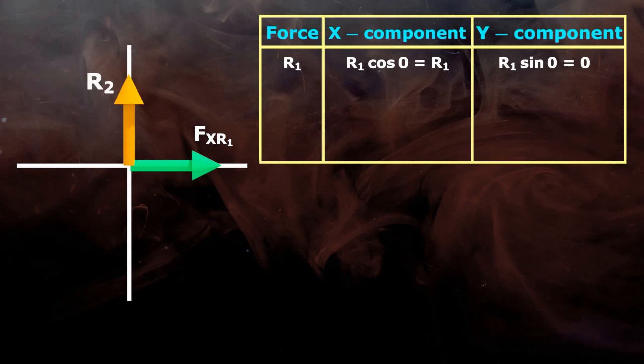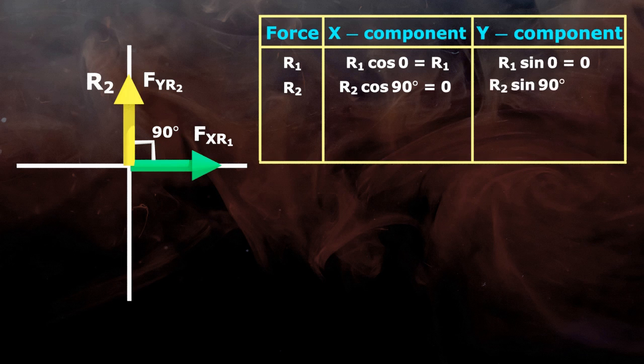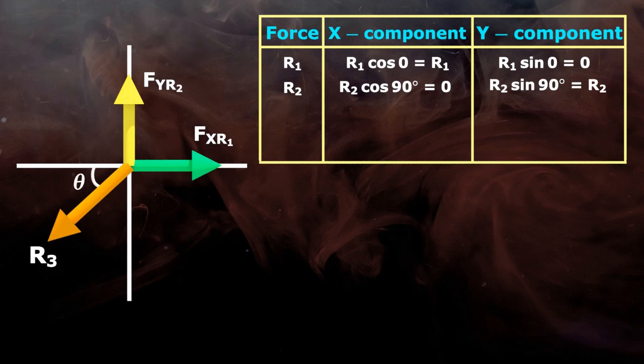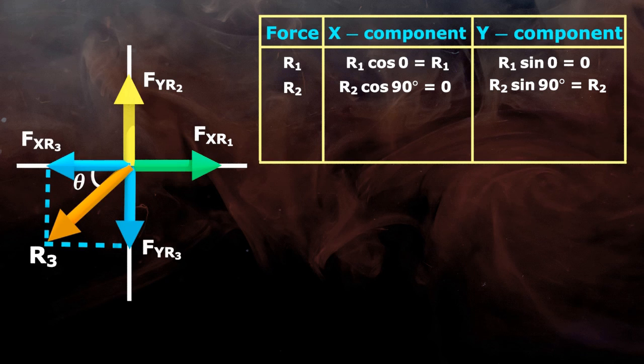Similarly, reaction R2 acts along the y-axis making 90 degree angle to the x-axis, and so the x component will be 0 and the y component is R2. Third force R3 makes angle theta with the x-axis. So the x component is R3 cos theta and the y component is R3 sin theta.